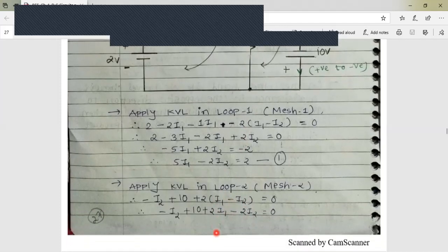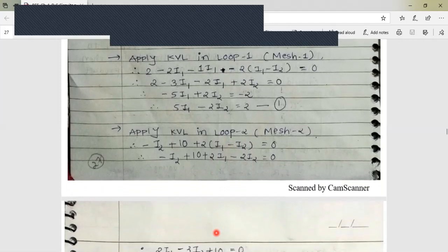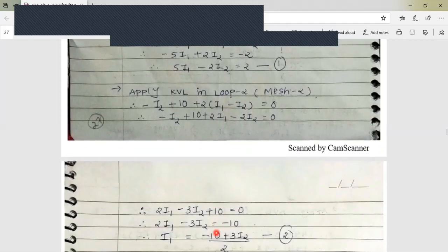Rearranging this equation, minus I2 plus 10 plus 2I1 minus 2I2 equals 0. So we have 2I1 minus 3I2 plus 10 equals 0. Solving for I1, we have I1 equals (minus 10 plus 3I2) upon 2. We mark this as equation 2.